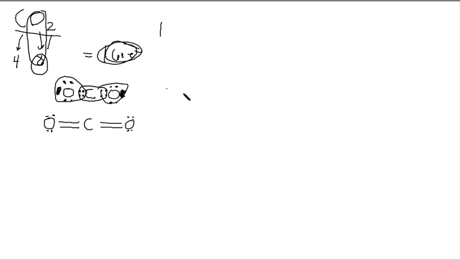So we got the carbon in the center, and then we have step 3, where we put these 2 electrons here to bond this carbon with this oxygen, and then the same thing on this side. So that would create a chemical bond. Those 2 atoms would be sharing those electrons, and it would obviously be creating a chemical bond.